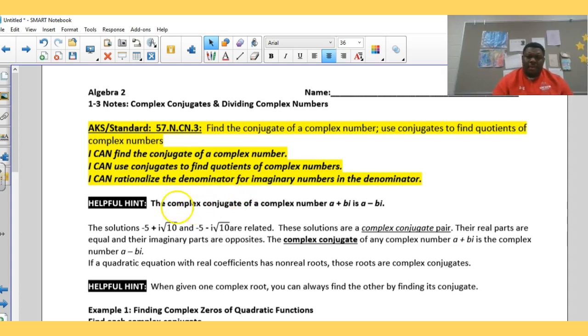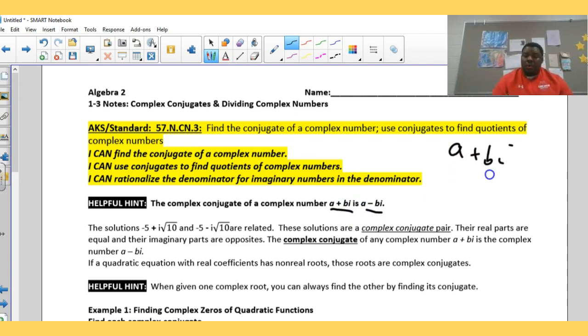So the main thing to remember here is this little statement. It says that a complex conjugate of a complex number, a plus bi, is a minus bi. Guys, literally all you do is look at the complex number a plus bi, and you change the sign in front of bi. So let's say a plus bi was what you had on the paper.